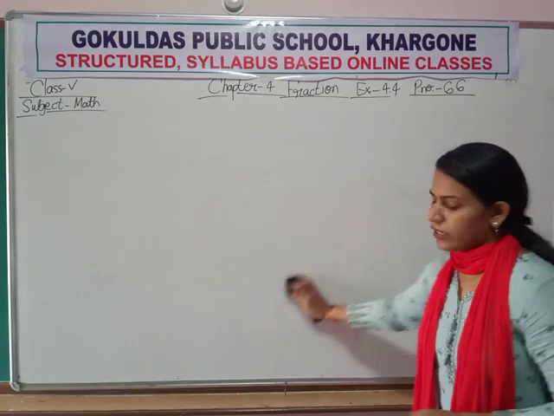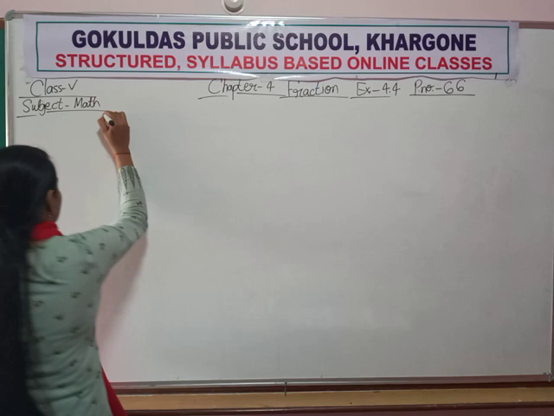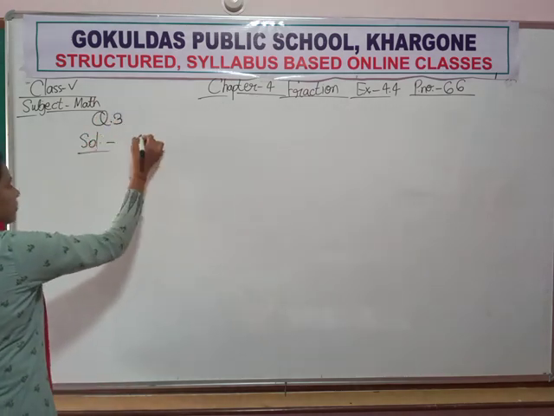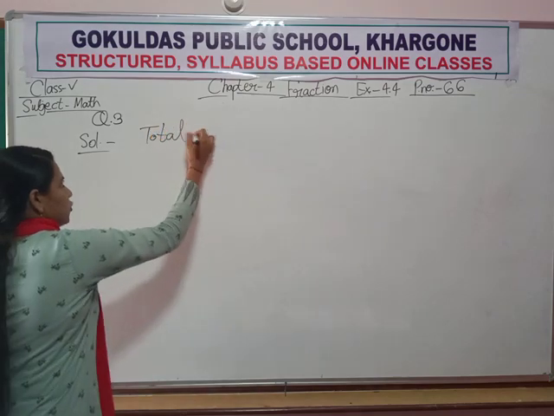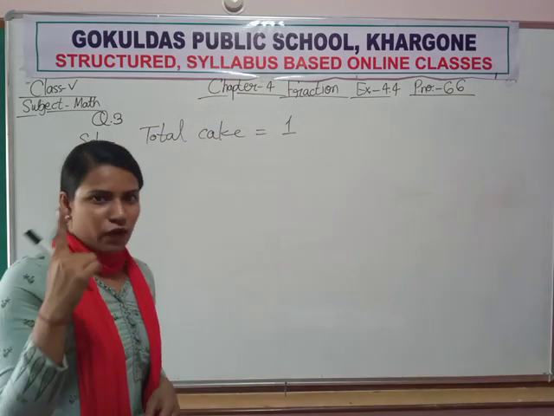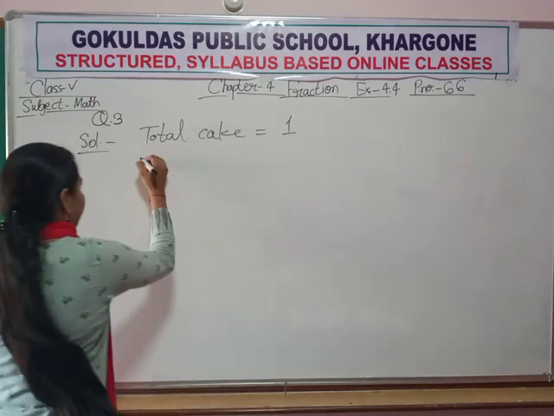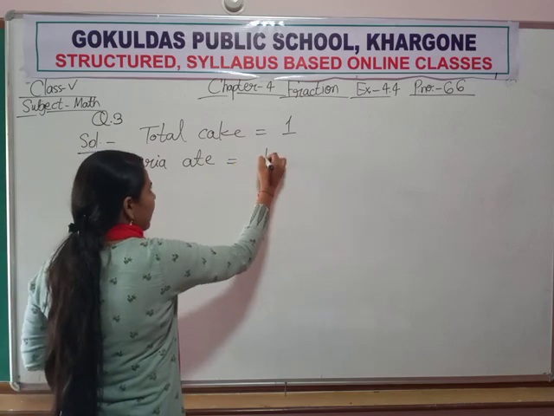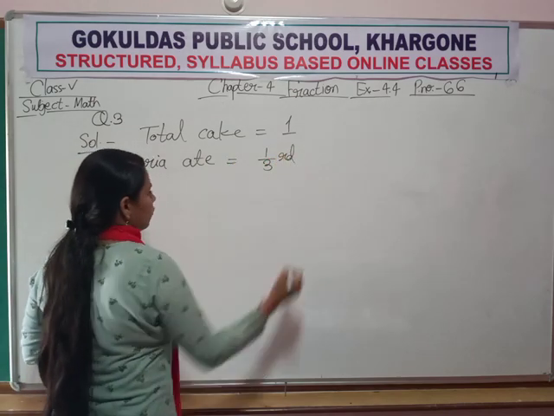So let us do it. Question number 3, solution. Total cake is 1. One cake was there. Arya ate 1/3.